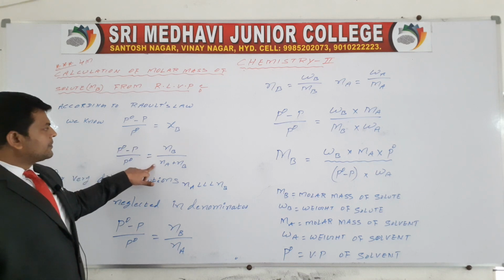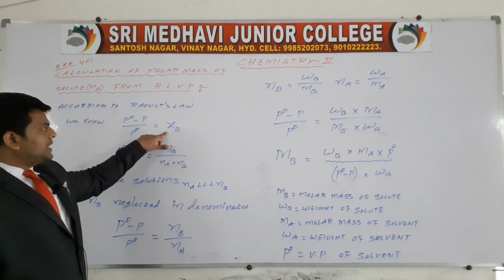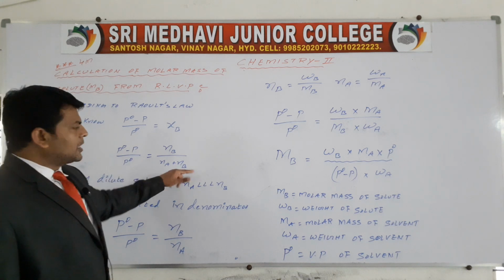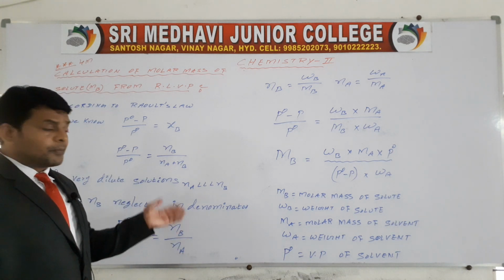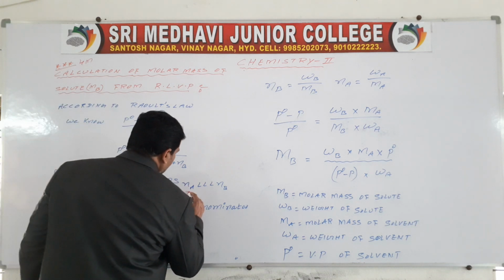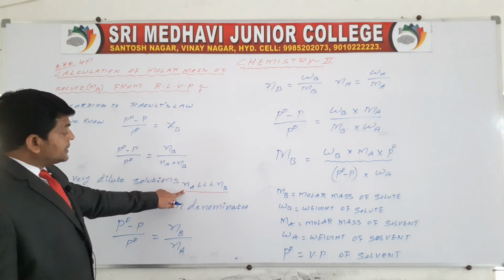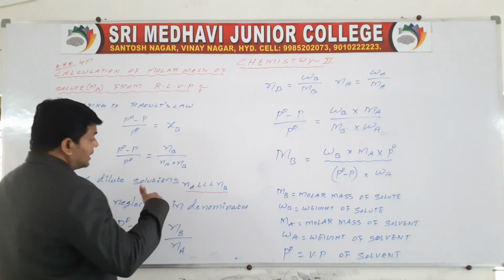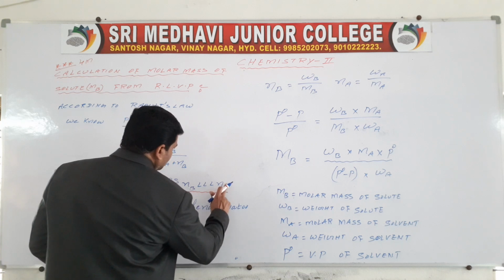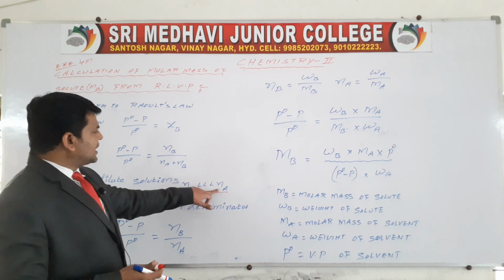According to Raoult's law we know this. Then XB equal to mole fraction of the solute, which means number of moles of solute by total number of moles of solute plus solvent. Then for a very dilute solution, NB is far less than NA, very less than NA.